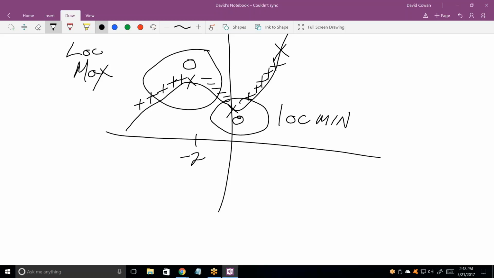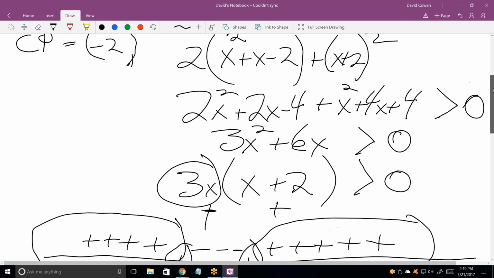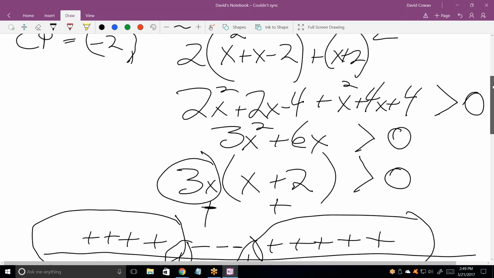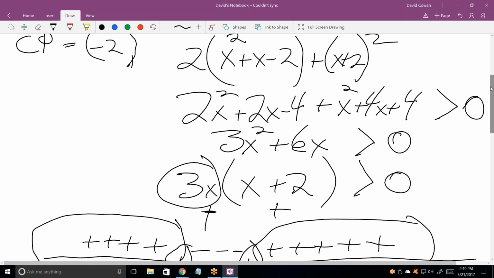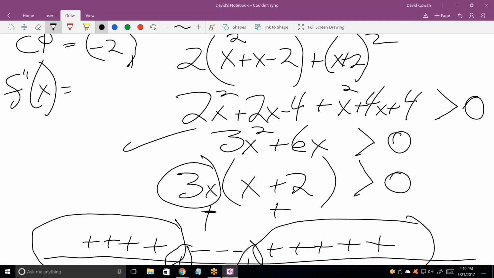Now, there's also something called the second derivative test. Have you had that? No. Well, let me introduce you to it because it is actually a little easier. So this is the first derivative, correct? What's the second derivative? 4x.